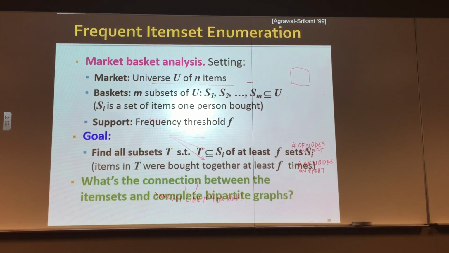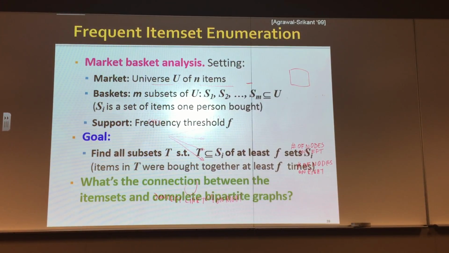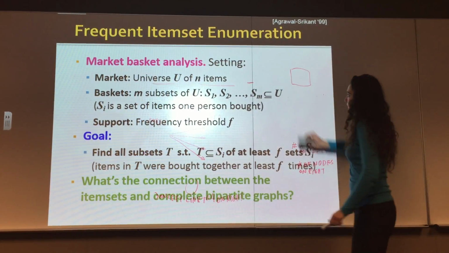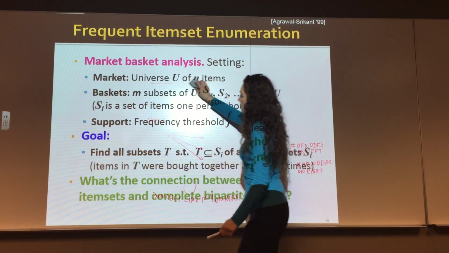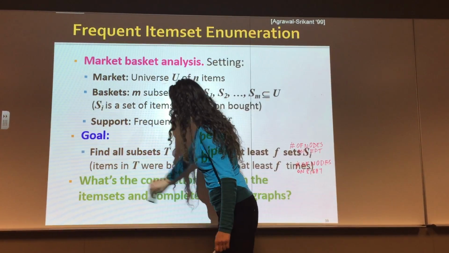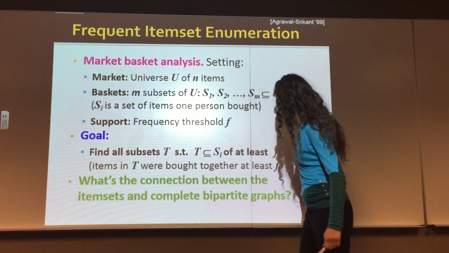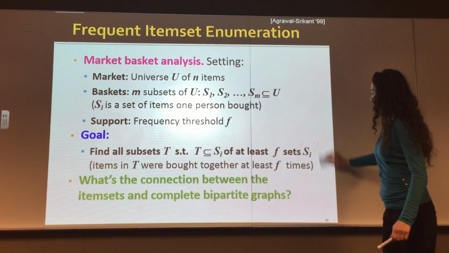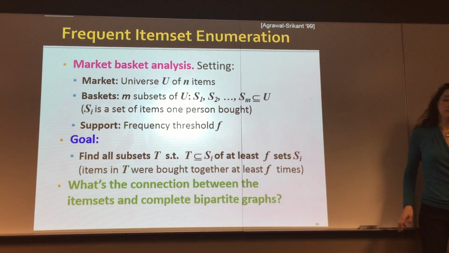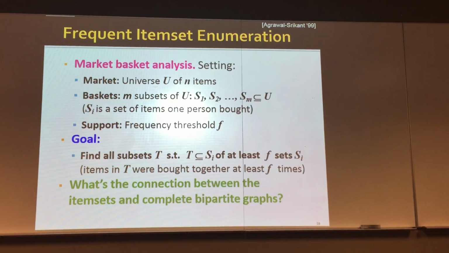We already know how frequent item sets works. Frequent item sets is used for market basket analysis. So before, when we looked at frequent item sets, we used that for a transactional database.